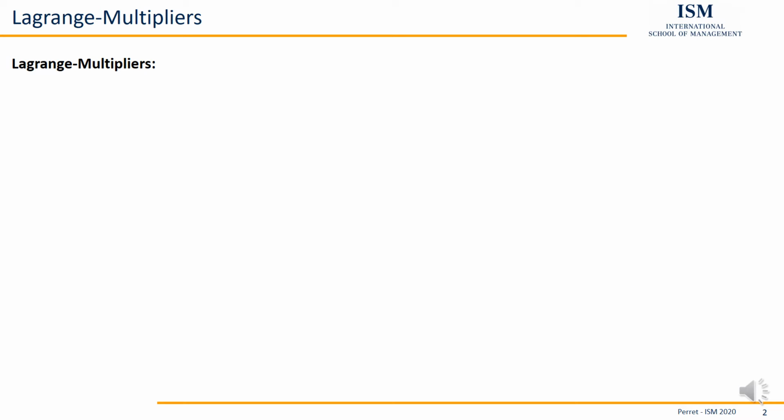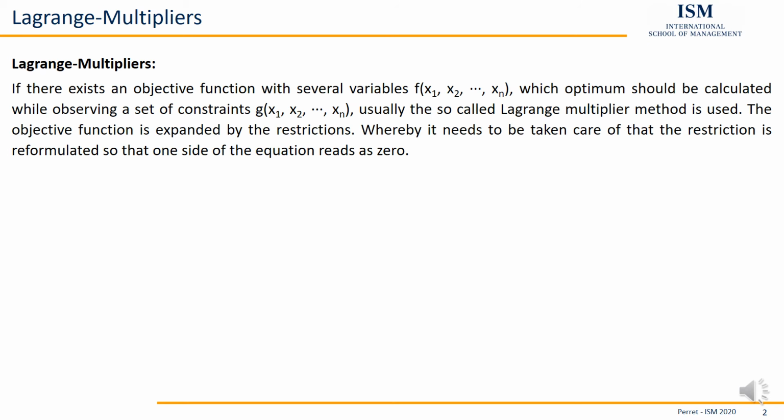When we talk about the procedure of using Lagrange multipliers, what we mean is we have an objective function with a certain number of variables, and we have one or more constraints. Constraints can be any type of function, however, it needs to be an equality constraint.